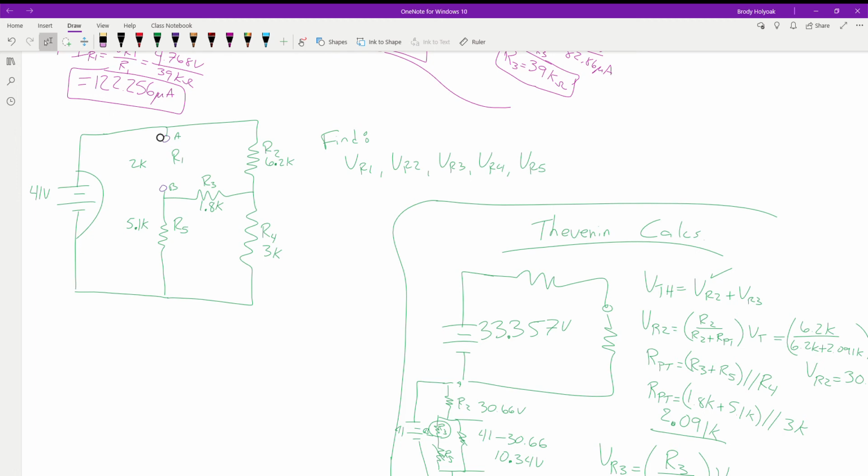So we have, so A is connected, we have this connection, we have this connection, and we have that connection taken care of. So now we need to look at what's on the other side of R5. R3?